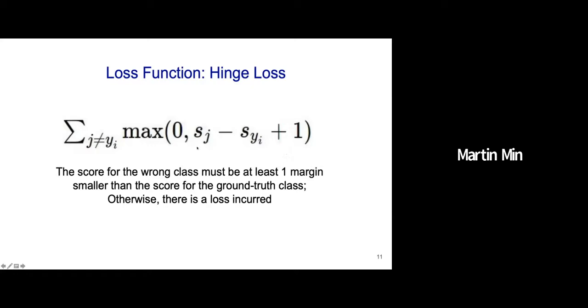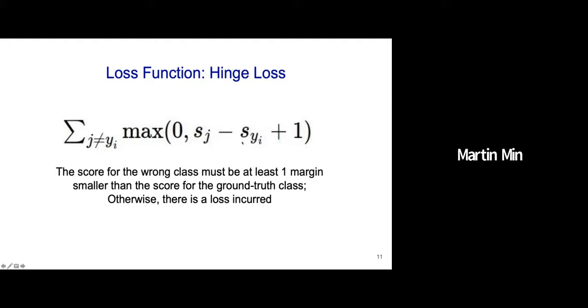But I can show you an easy way to understand it. If this value is negative, you don't have any loss. But if this term is positive, we will have a loss. This term is 0 when S_j for the other classes equals S_yi minus 1.